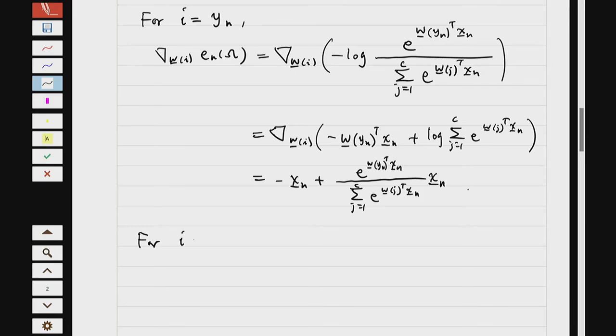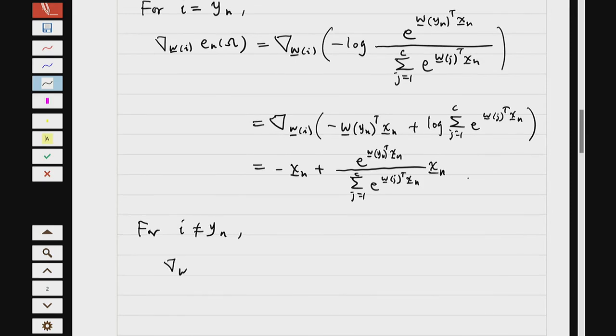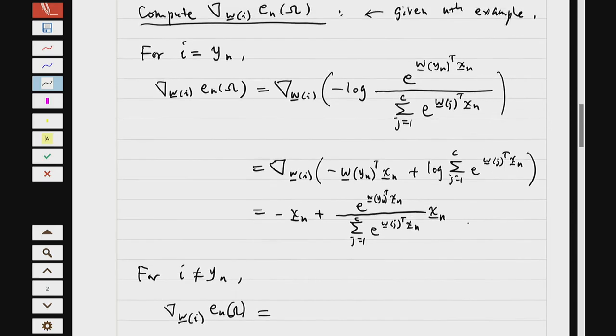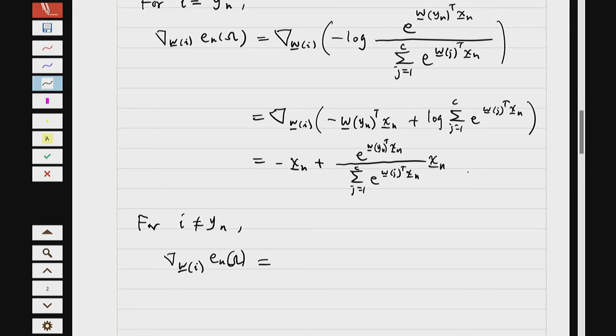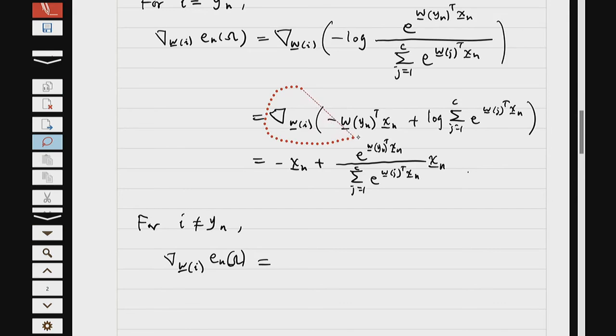But of course, in general, i is not equal to yn. In those cases, what is this gradient? Turns out it's different. So I'm going to just copy and paste this part, because this part there's no change.